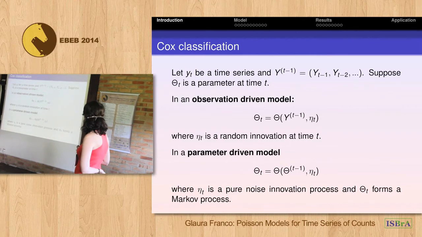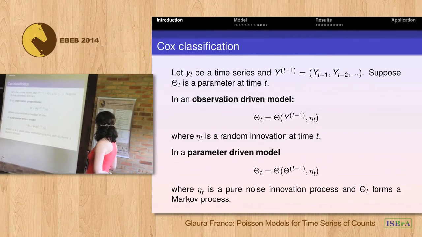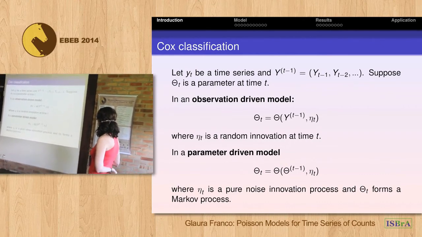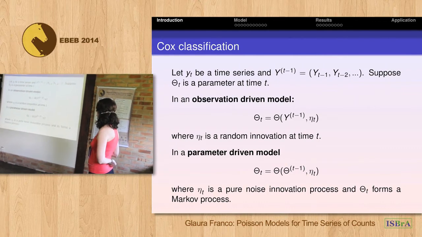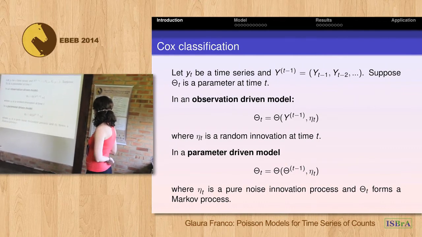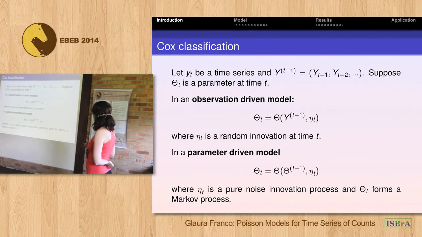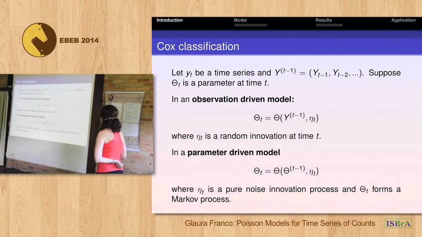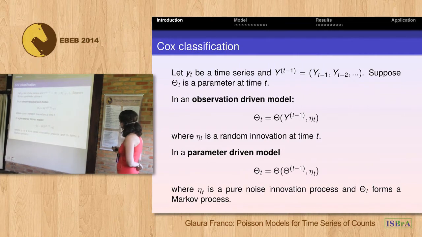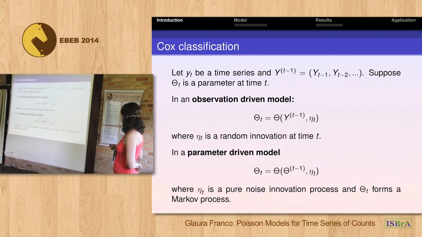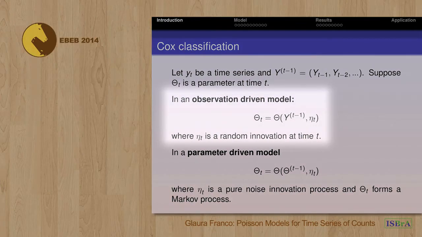If you have a time series, this is the notation I'm going to use here: all the observations up to time t minus 1, and theta t is a parameter. In the observation-driven class, the parameter is a function only of the series in the past times up to time t minus 1 and a random innovation.